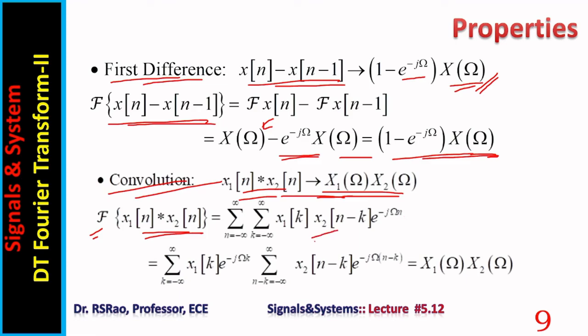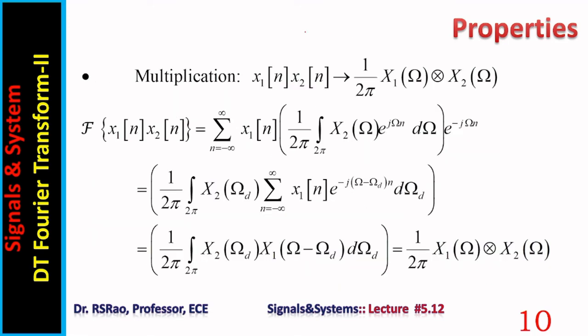This expression can be reformatted, and in that reformatted expression we can see the product X1 of omega and X2 of omega. Now we consider multiplication property.